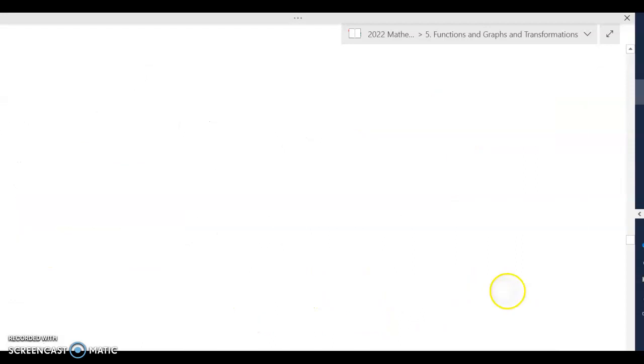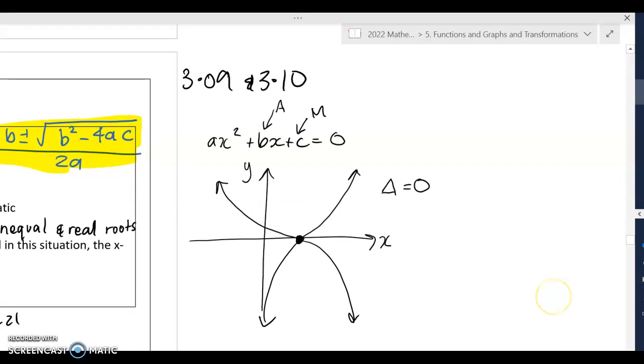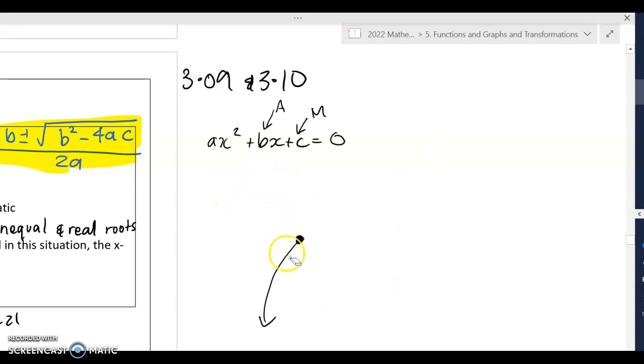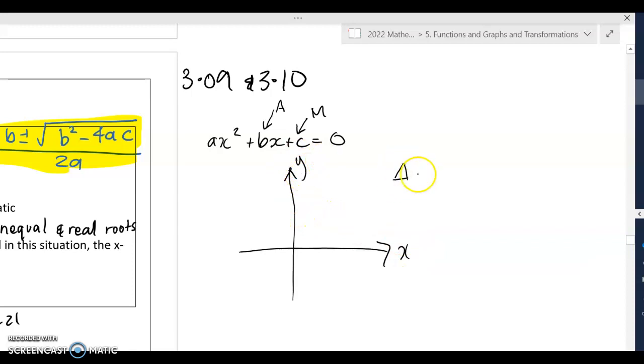So I'm going to zoom over to my graph over here that I did before. We'll remove that one and have a look at what it means for us now. So I've got an x, and a y, and I'm saying now my discriminant is less than 0. Although we don't have any zeros or roots, we still have a parabola, but it's probably going to look like this.